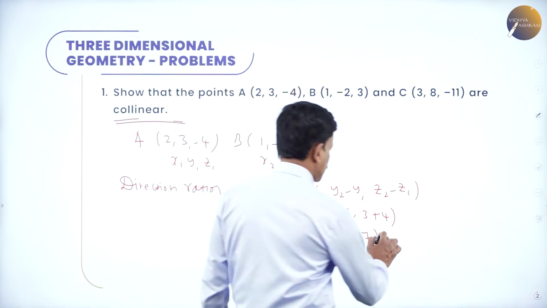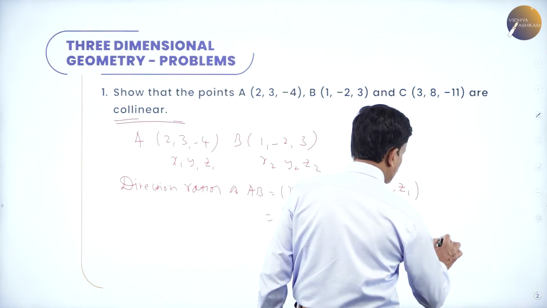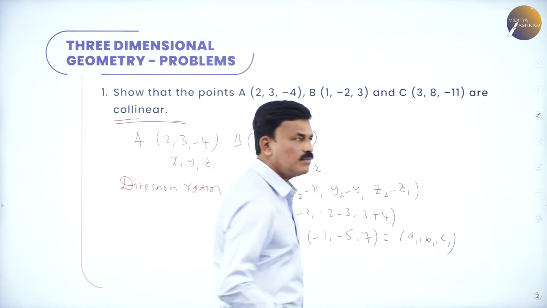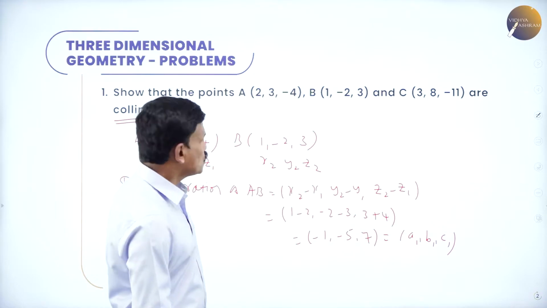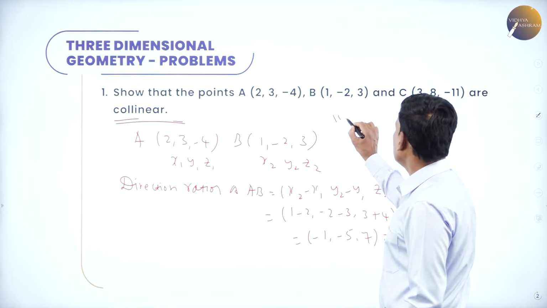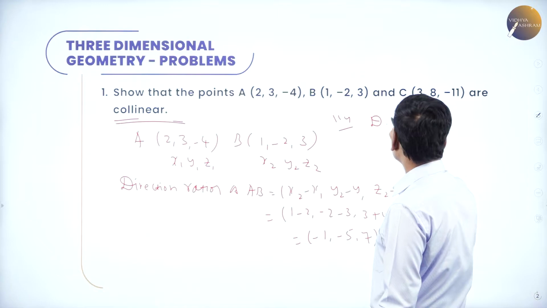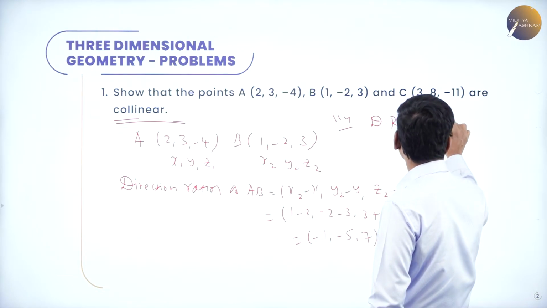Let us call it A1, B1, C1. Similarly, find the direction ratios of the line BC.